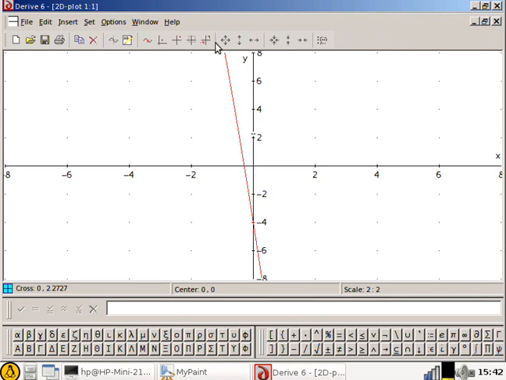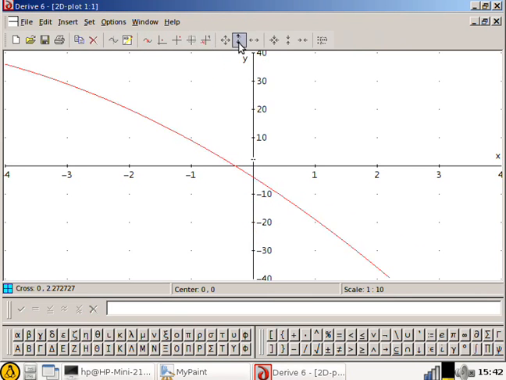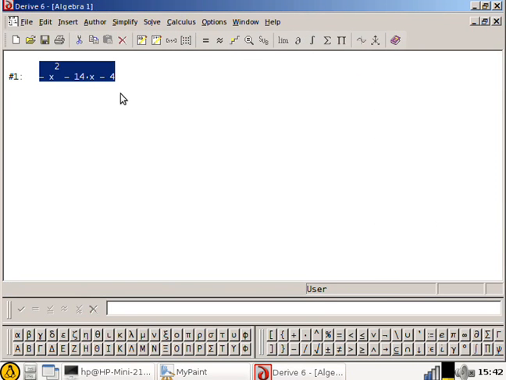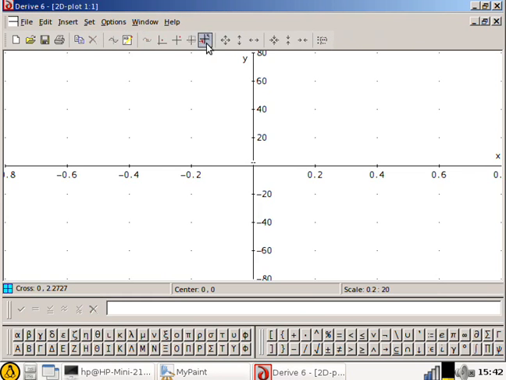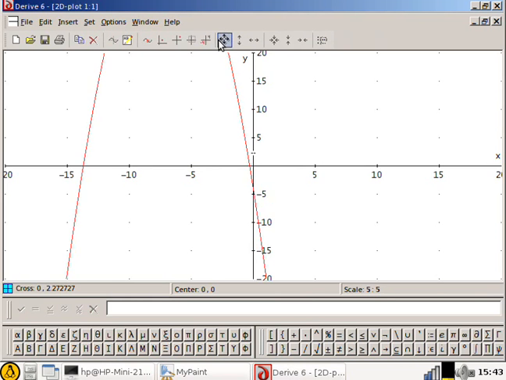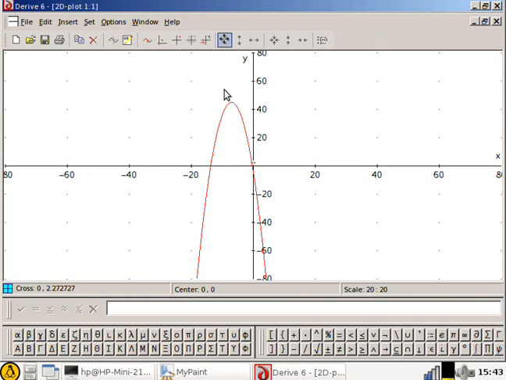Zoom a bit. I must have typed something in wrong here. Hang on. That's right, isn't it? Okay, zoom out. I didn't zoom out enough. Okay, zooming out. Oh, there we go.